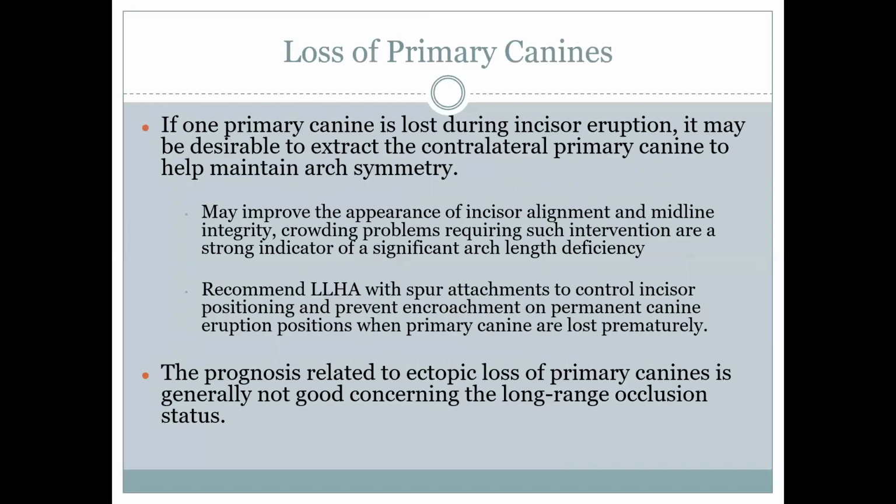So if one primary canine is lost during the eruption of the incisor, it may be desirable to extract the contralateral primary canine to maintain arch symmetry. And we've done quite a few of these in the past, when one canine is lost and we remove the contralateral canine, and it does help. The recommended space maintenance for this is the lower lingual holding arch.